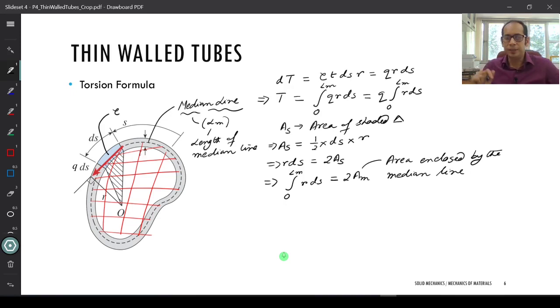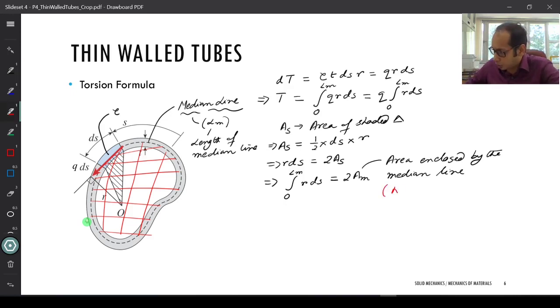Now it is a very common mistake and I want you to make a note of it. This area is not the cross-sectional area of this thin wall that you have. It is just the area enclosed by the medial line and not the cross-sectional area. So let's make a big bold note of that.